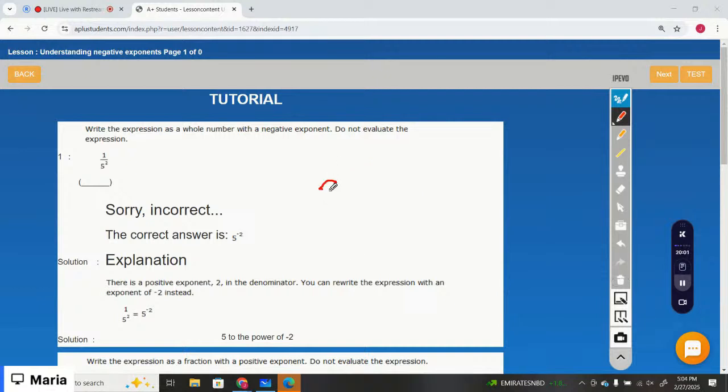You can write it as 5 exponent negative 2. Let's just start with the test questions.